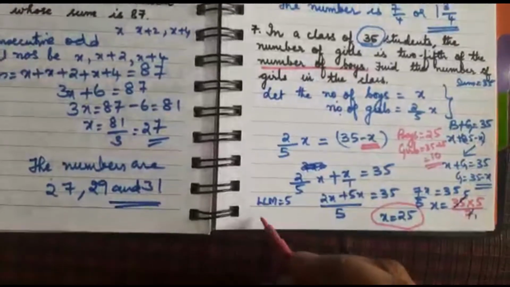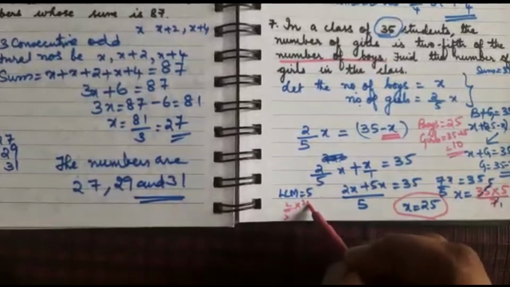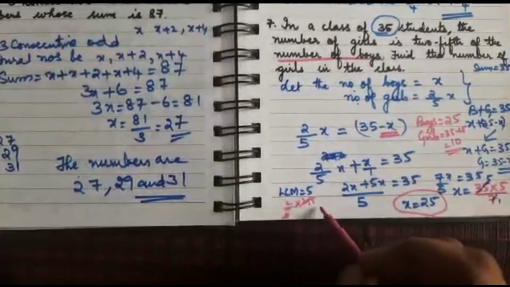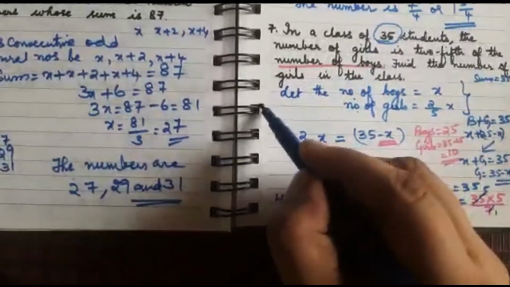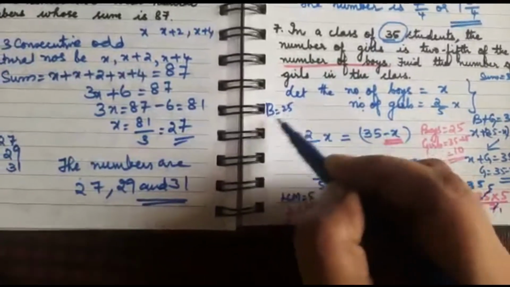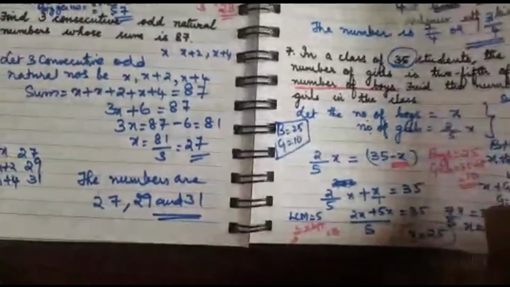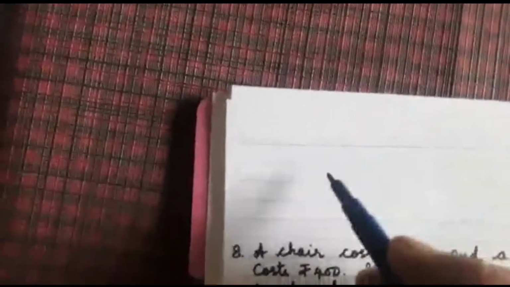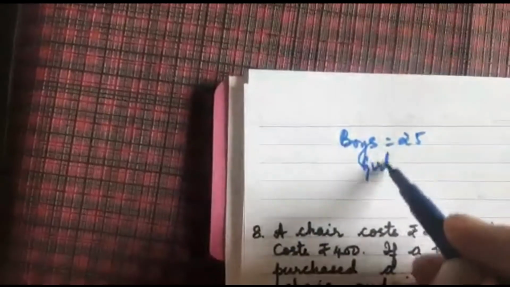Or else 2/5 into 25, the 5 cancels, so it is 5 into 2, that is 10. Either way you can. So the number of boys equals 25, girls equals 10. Both together you got 35.